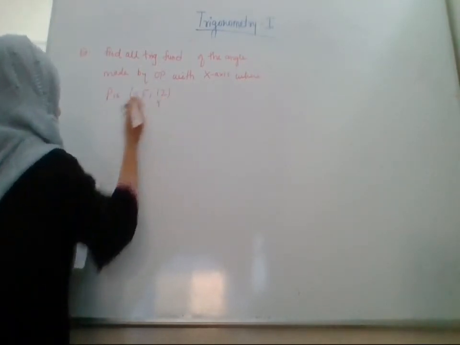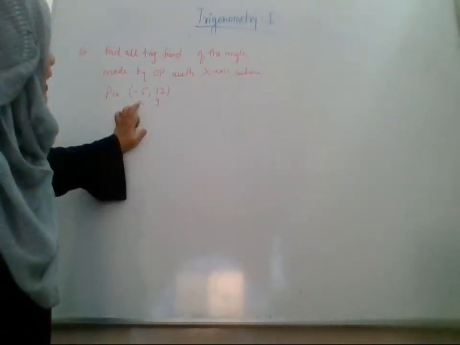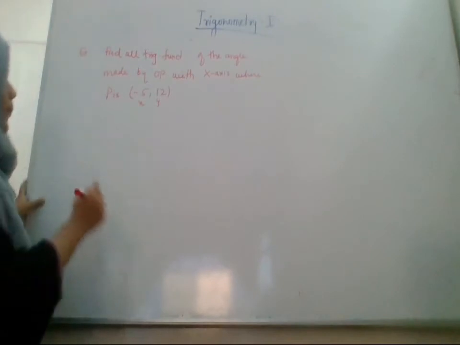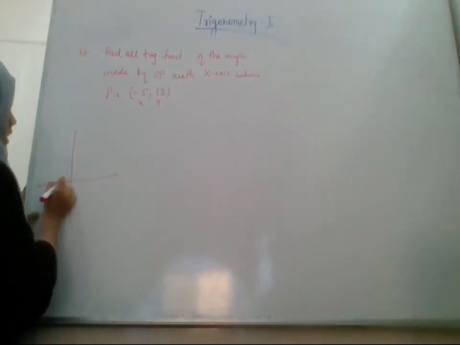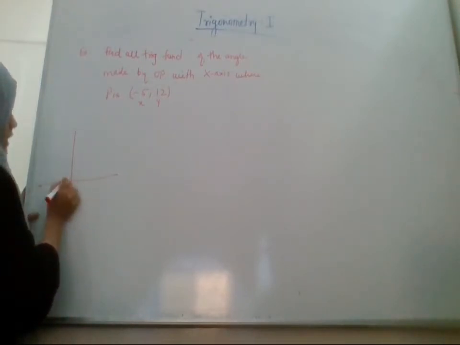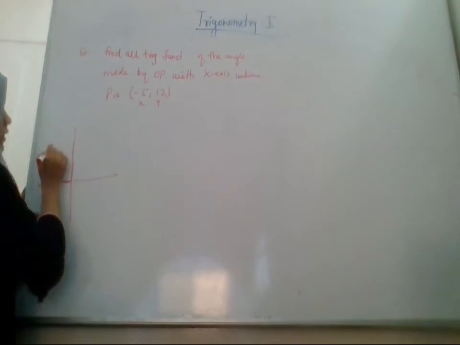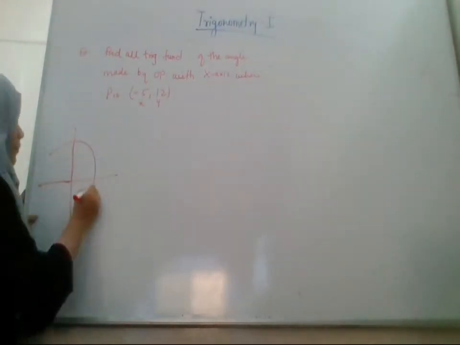So this is your x and this is your y. Since x is negative and y is positive, that means the point should lie here in the second quadrant. Okay.